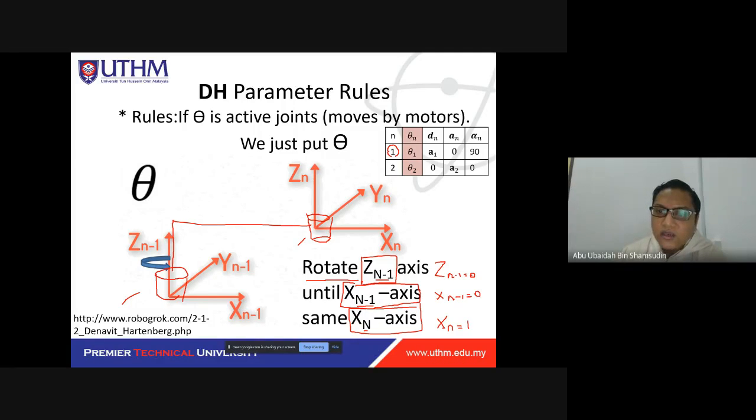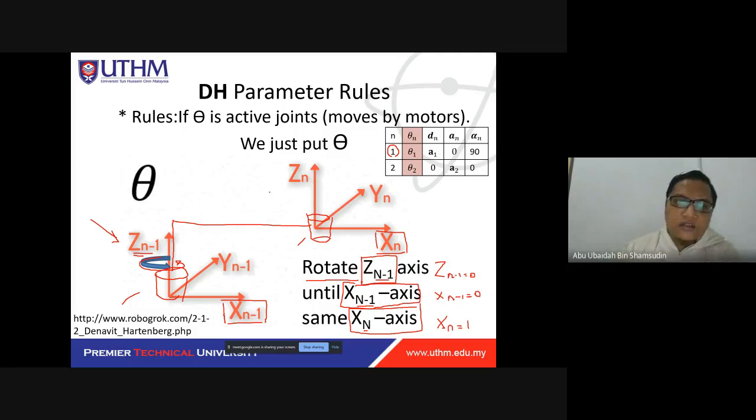To get your first parameter for your frame n1, which is theta, you need to rotate the Zn minus 1, which is this one here. You rotate in this way. Make sure that your Xn minus 1 is the same as Xn. Okay, that's all.